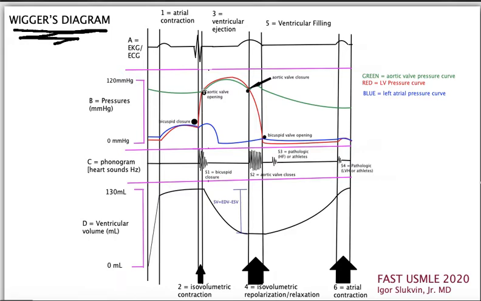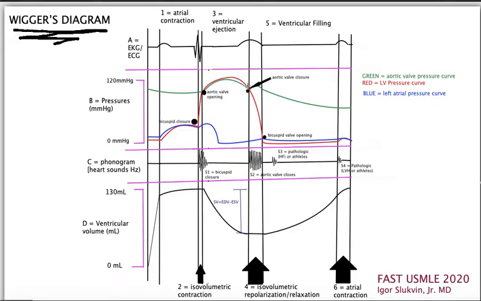And now, phase 3 ventricular ejection. Now that the aortic valve is open, all of this ejection fraction, this is the cardiac output that goes through the aortic trunk, right?